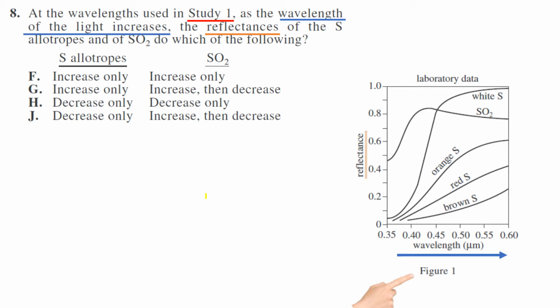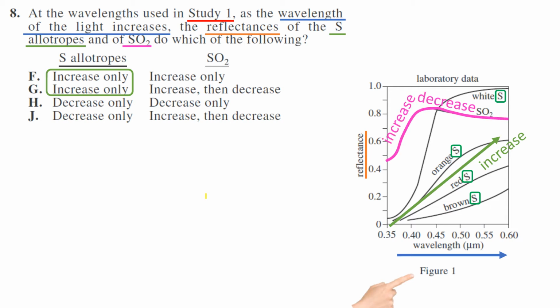The reflectance, okay, so we're looking at the y-axis of the S allotropes, so the S allotropes will be all of these, and of SO2 to which the following. So, okay, so the S allotropes all increase. See how the lines all go up? So it means increase only. The SO2 is this one, and it increases, then decreases, so your answer has to be G.